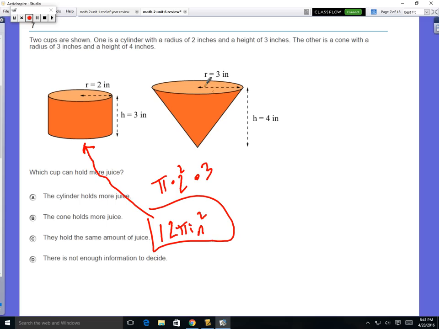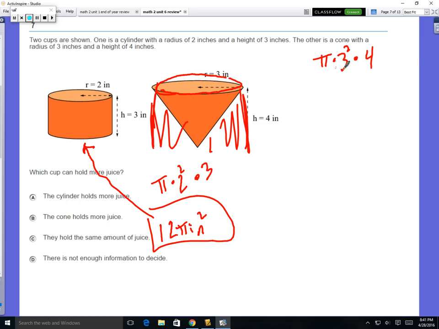Alright, now the cone. The cone's a little bit different. It's the same concept. You've got to find the area of the base. The area of the base is going to be pi times r squared, and you've got to times it by the height, and the height is 4, but you are not using the same amount of space as the cylinder, so you're going to divide it by 3.